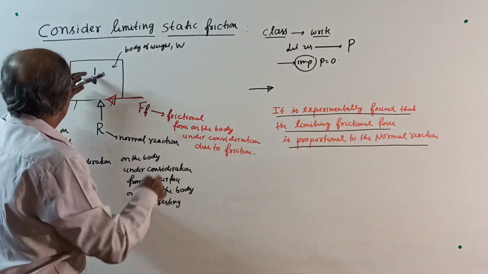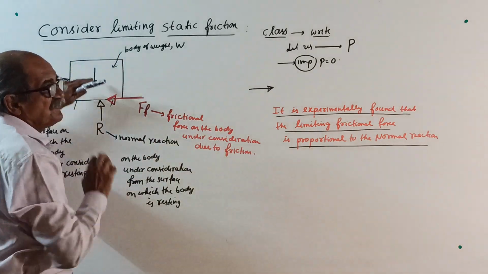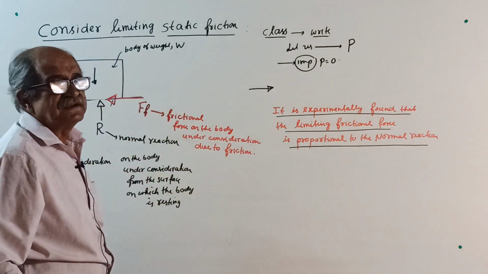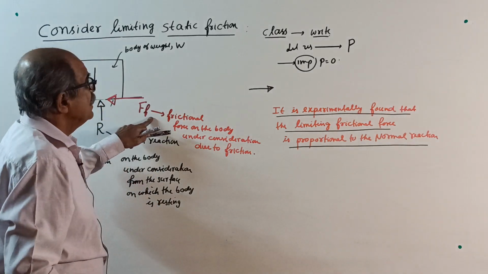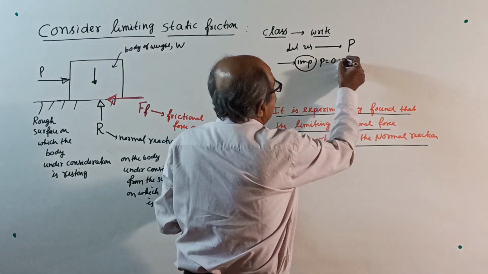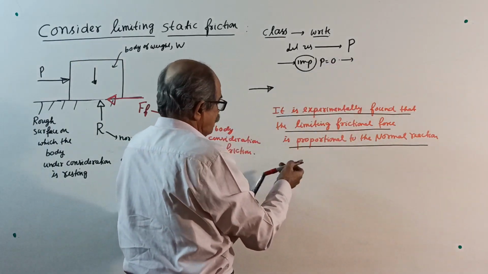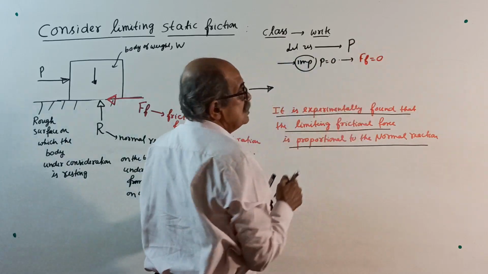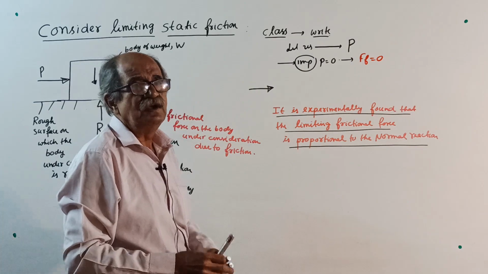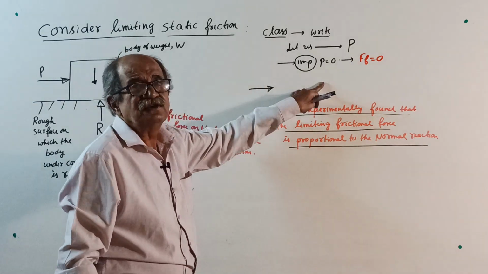The body will simply rest on the surface. Normal reaction is there, but the frictional force FF will also be 0. No friction. I told this earlier, in the last class.